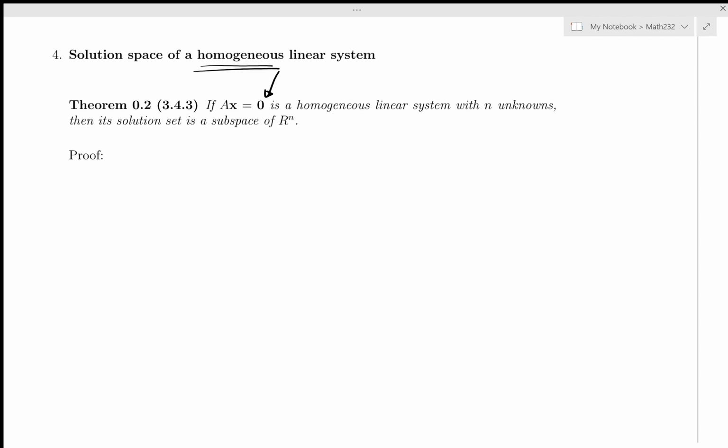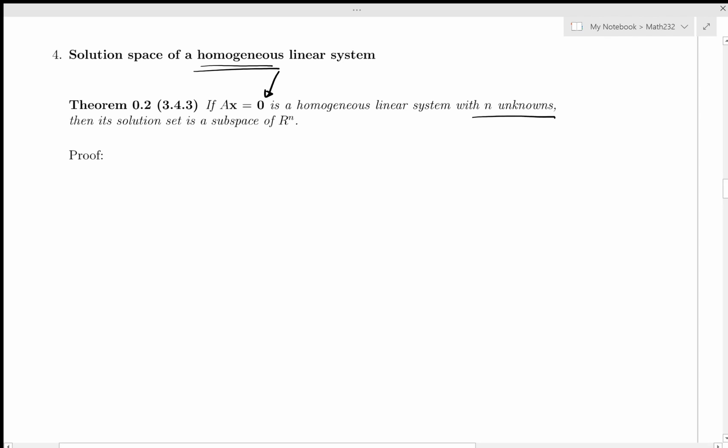So we're thinking of all the vectors x which solve this linear system, and we're saying that if we take them all together, they are a subspace of Rn. They're clearly a subset of Rn, but we're imposing a more rigid condition and saying that when we collect them all up, we will get a subspace.